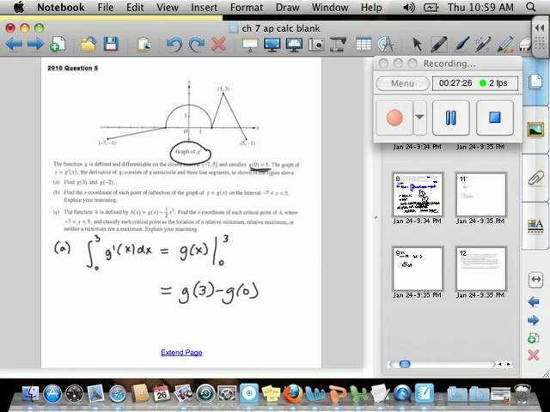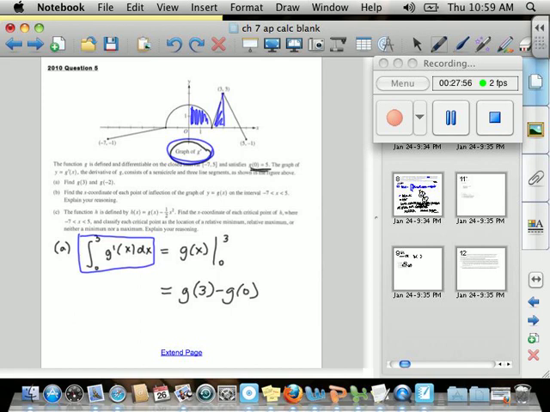I know it's 5. How do I know what this is? Allie, what'd you say? The slope. Not the slope. It's the area, because this is the graph of g prime.